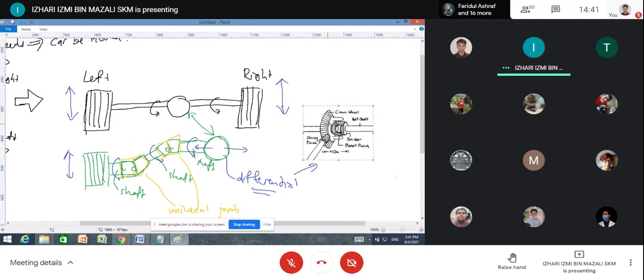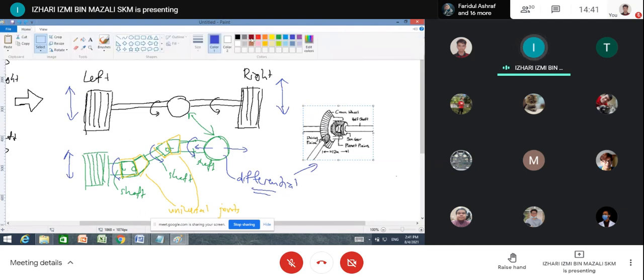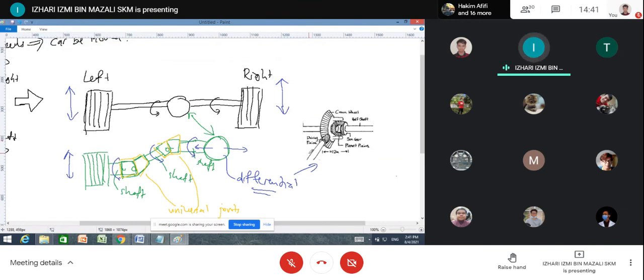Okay, how it works. Take a look at this one. The shaft here is coming from the motor. It rotates, then your crown wheel here will be rotated, and rotate upwards in this case. If this is the left and this is the right, and the left and right tires are rotated with the same speed, you can see that this is something like a pinion gear.